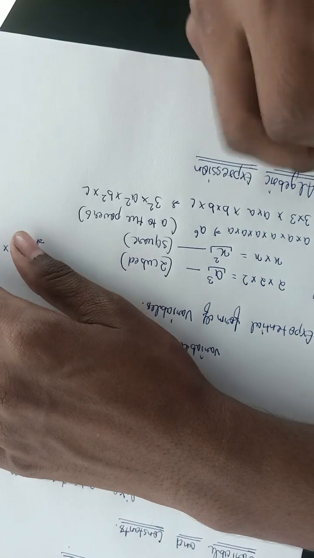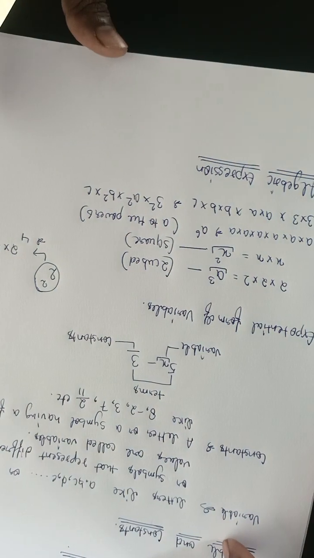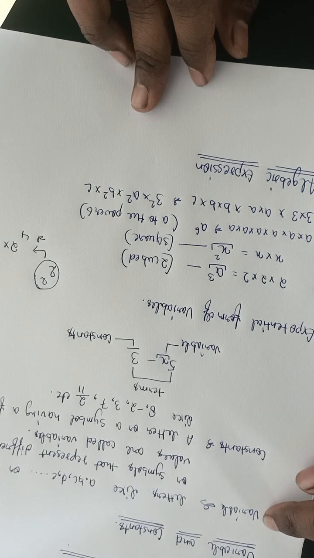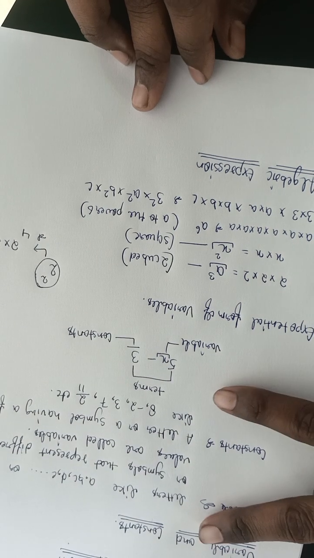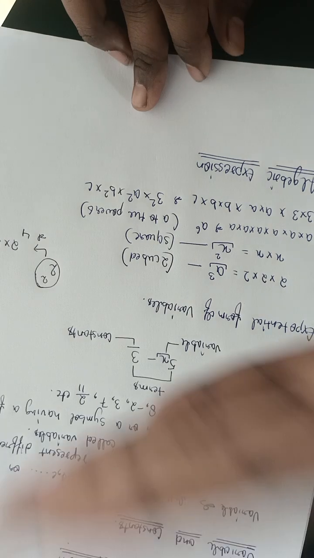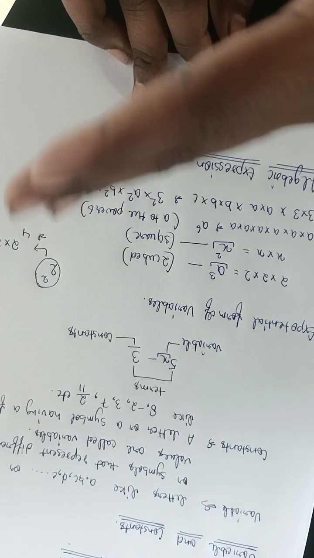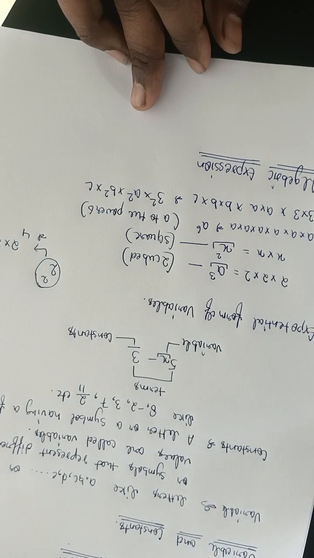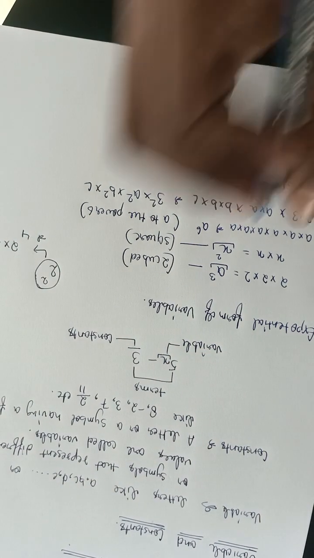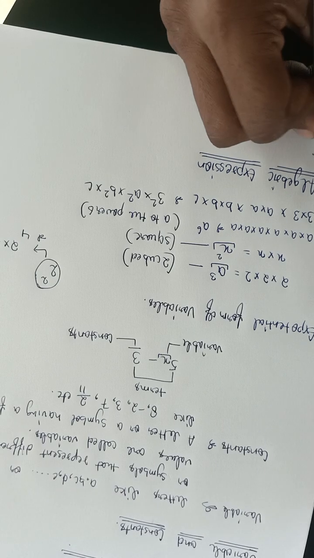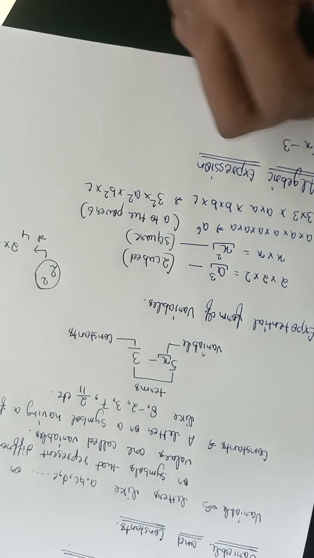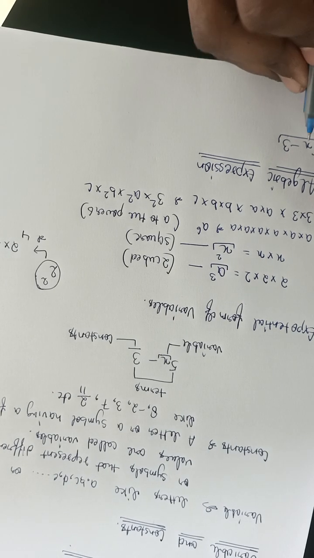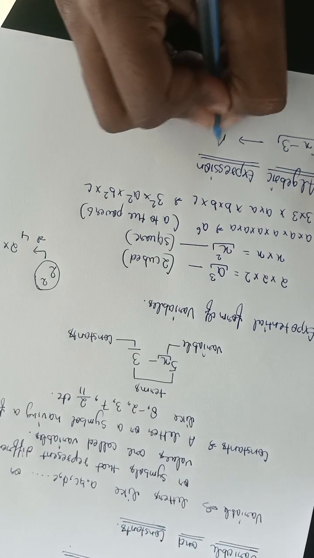This was your constants and these are your variables. The combination of these two with different operations, meaning addition, subtraction, multiplication, division, is called an algebraic expression. If it is written over here, that is 5x minus 3, this thing is a combination of constant and variable, and this thing is your algebraic expression.